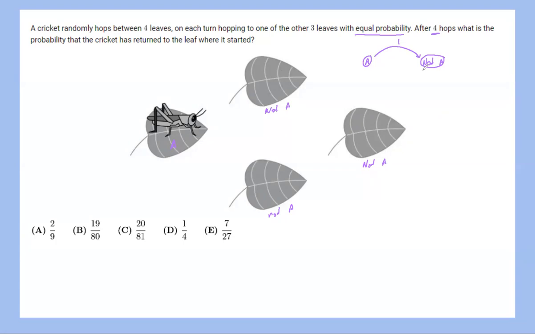So which is why we may go back to A. Let's say your first hop is on this leaf, then if you want to go back, you have three options. A is one of those three.